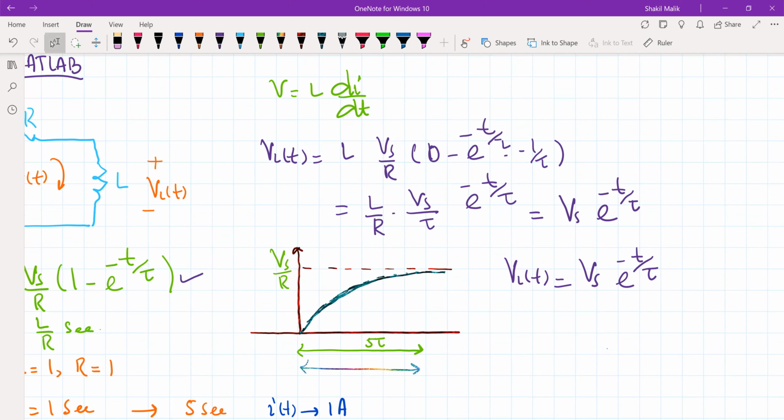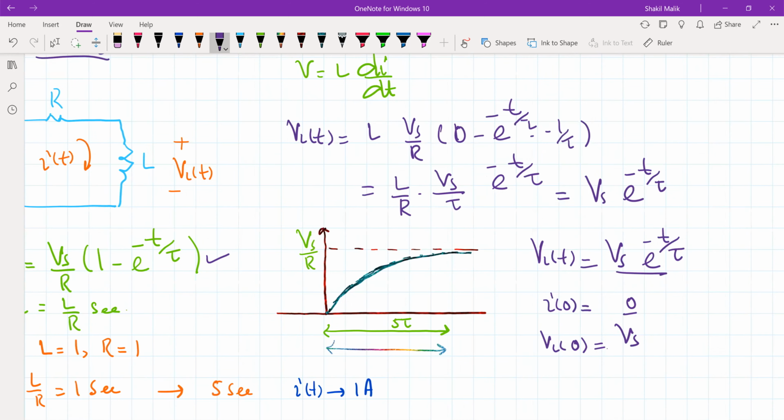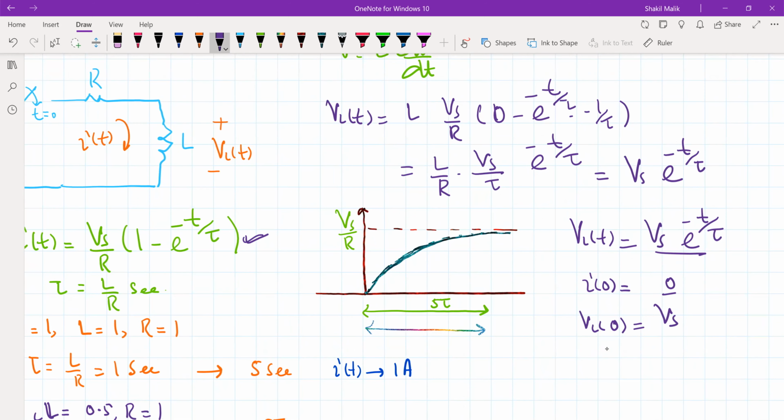Now, what is the value of the inductor current at t equal to 0? That is 0. What's the value of the inductor voltage at t equal to 0? That's equal to Vs from this expression. Have a look. i(0) is 0 and VL(0) is Vs. What does it say?